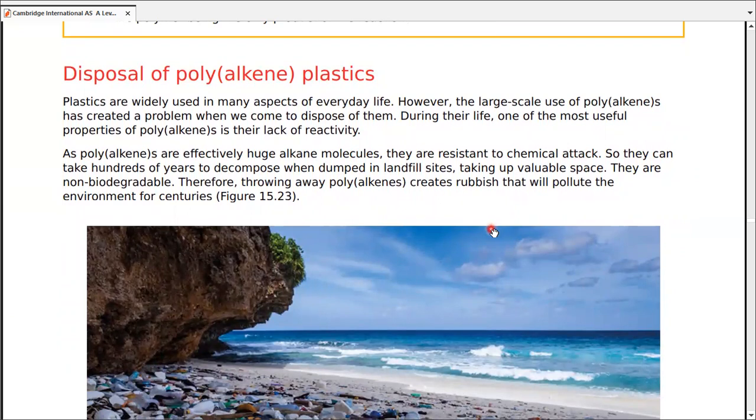The portion on disposal of polyalkenes or plastics was considered back in IGCSE, but there were some lines that we used to forget or not go with, considering them too easy. Back in IGCSE, they discussed why people grew fond of plastic because of many of their useful properties.